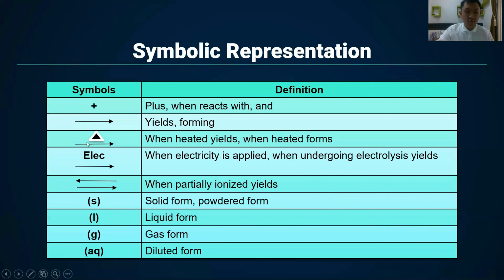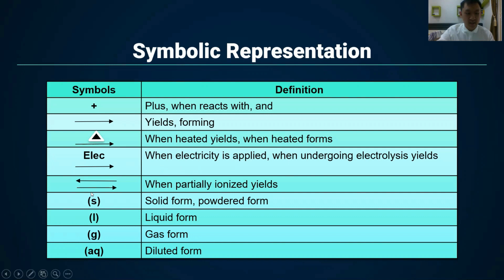The arrow with the delta symbol above it represents when heated yields or when heated forms. The arrow pointing to the right with elect above it represents when electricity is applied or when undergoing electrolysis. The symbol with two arrows pointing in opposite directions represents when partially ionized yields.